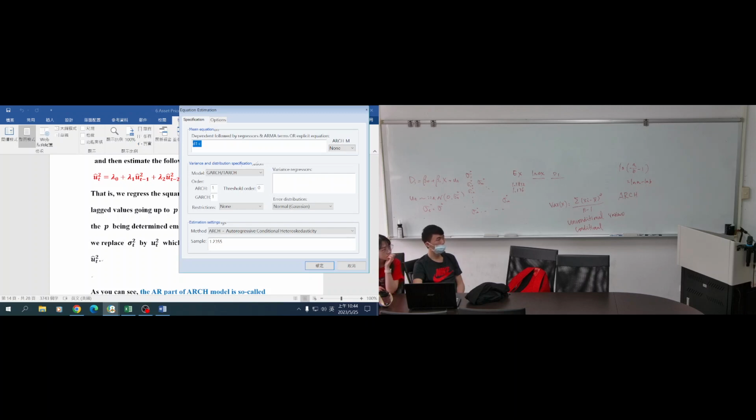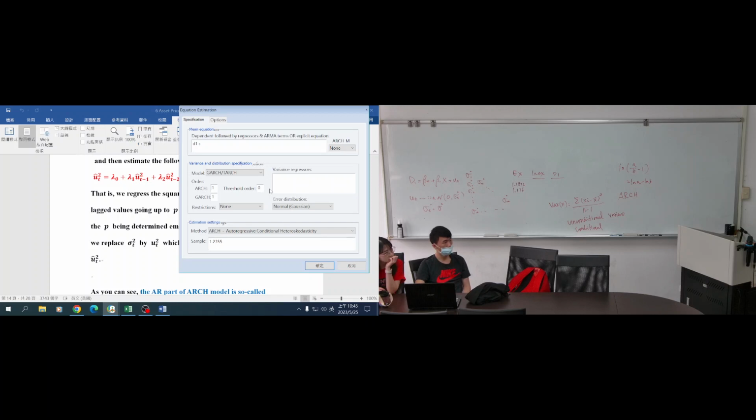I can use ARCH or GARCH. Now for my ARCH, I'm trying up to maybe 4, or I can try 2.